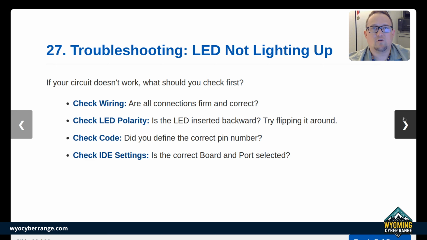When I say plug your wire into pin 6, look for the pin that says 6 next to it and plug the wire into there. And then lastly, did you actually put the code onto the board itself? Did you pick the correct board in Arduino? If you haven't done this before, the install settings in the appendix will walk you through how to install Arduino Uno and Arduino IDE. Okay.